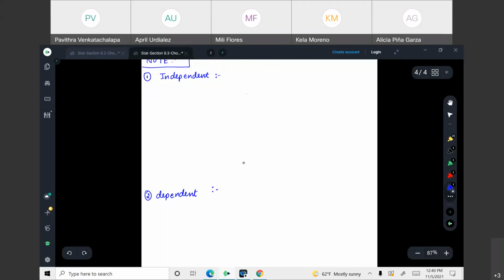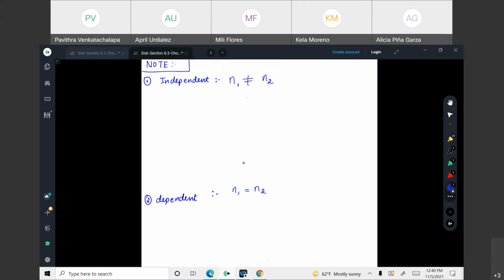If your sample size, I'll just write it as n, if n1 is not equal to n2, then we say it is independent. If n1 is equal to n2, it is dependent. Now, once you know this, in independent, you will write your H naught, that's your null hypothesis.